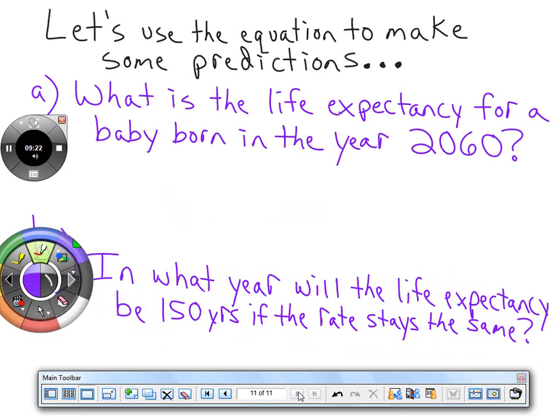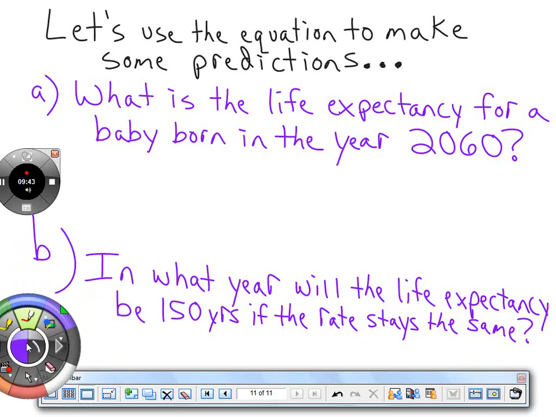Let's say we want to know how long a baby would live, or what the life expectancy is if they were born in the year 2060. That's quite a bit beyond our data, but let's assume that the life expectancy will keep rising at that same rate. If medicine continues to improve, it could happen maybe.